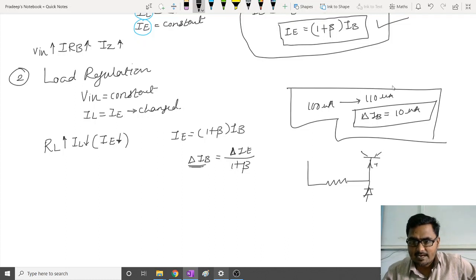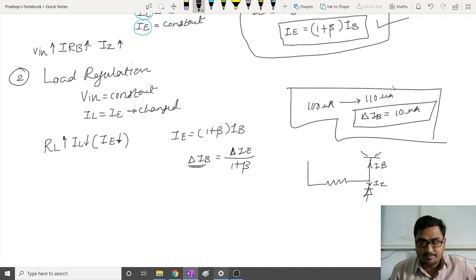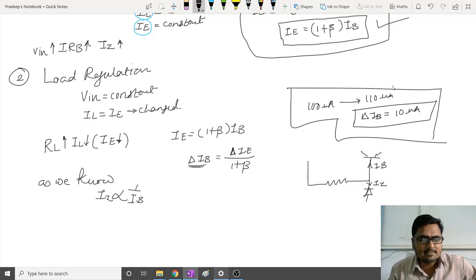It means IB and IZ are both going in opposite directions. If IB increases, IZ decreases. As we already know, IZ is inversely proportional to IB, or I can say IB is inversely proportional to IZ.